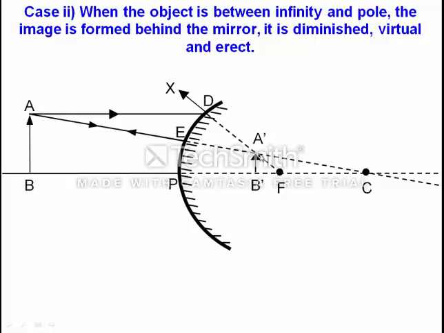If the image size is larger than the object size, it will always be your concave mirror.